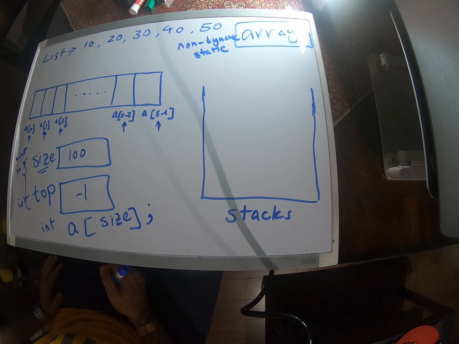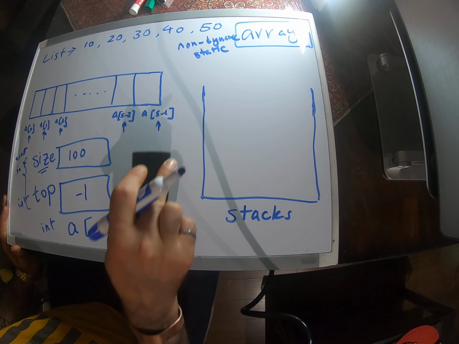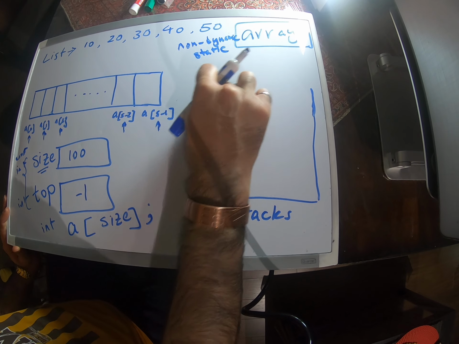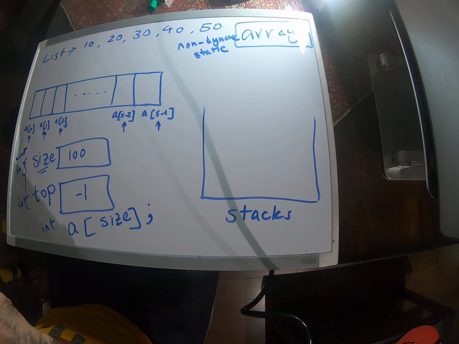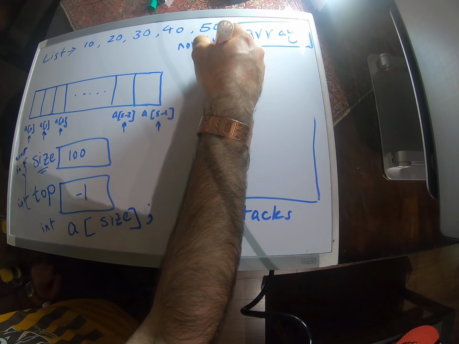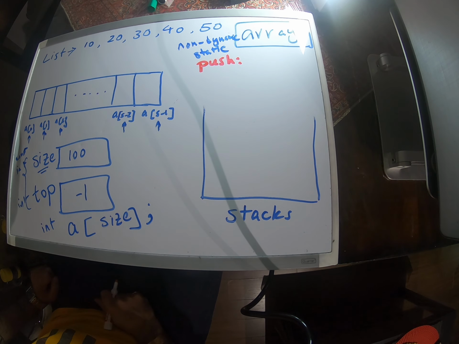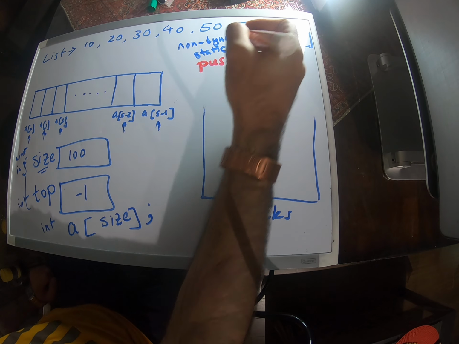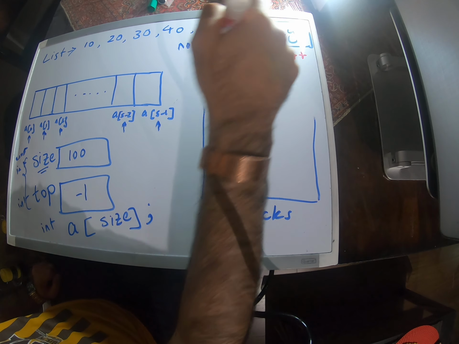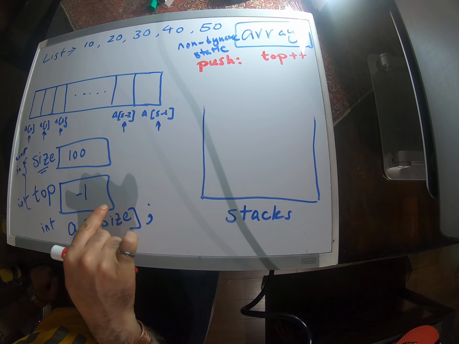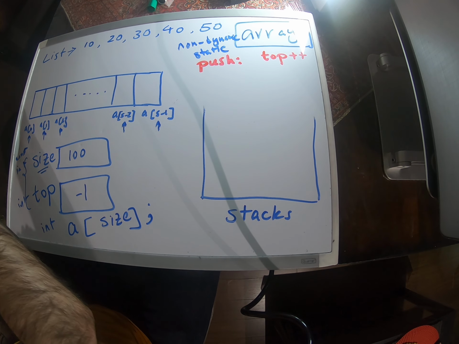Now let's see what happens when we want to push an element into the stack. The first thing we want to do is increment our top value, because, as I said, this represents the top of the array at this point.